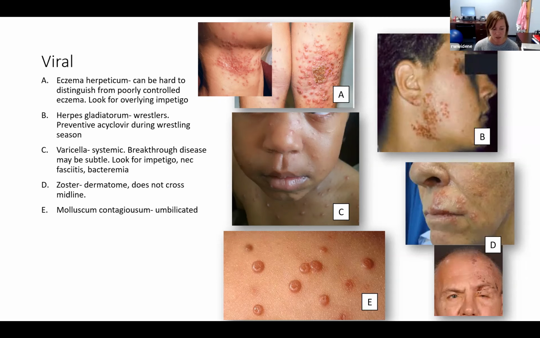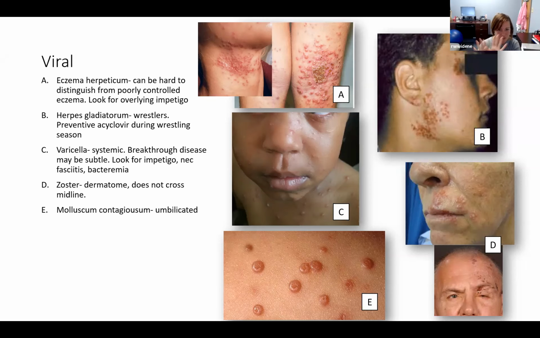You can get zoster even though you've been vaccinated for chickenpox, so you can have vaccine-associated shingles, basically. Does that make sense? You can also have wild type zoster, even if you've been vaccinated for chickenpox. And the thought is maybe you had chickenpox prior to getting vaccinated, and then now you've got zoster.